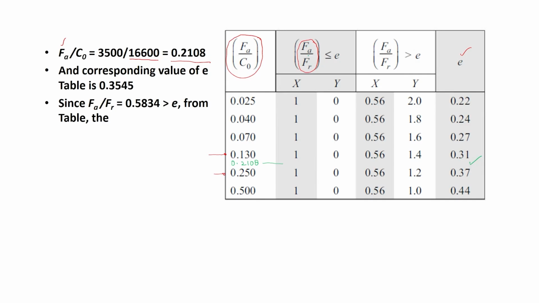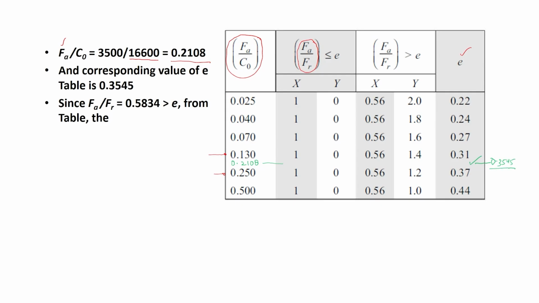First of all we will get the value of e, and then this e will be compared with the Fa upon Fr. Fa upon Fr as per our problem is 0.5834. Okay. So, let us find first the value of e. By interpolation, we got the value of e as 0.3545.